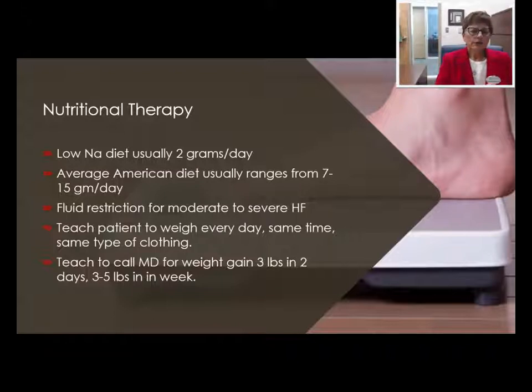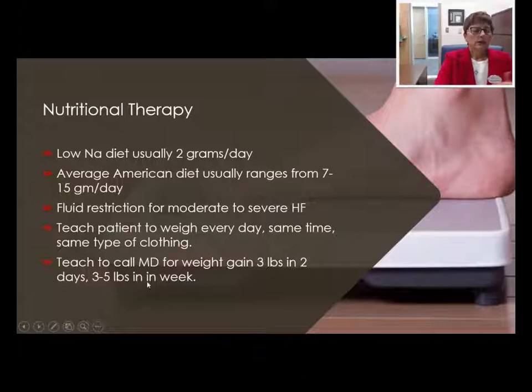They may also restrict fluids for patients with moderate to severe heart failure, and that's really difficult to do. So we need to teach the patient to weigh themselves every day at the same time with the same type of clothing, whether it be underwear, nothing. It's very important so that they can have a diary to call the doctor if their weight gain is 3 pounds in 2 days or 3 to 5 pounds in 1 week.